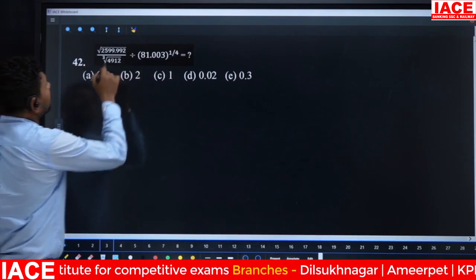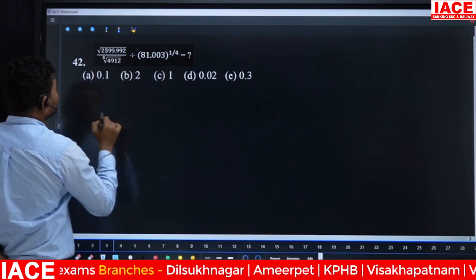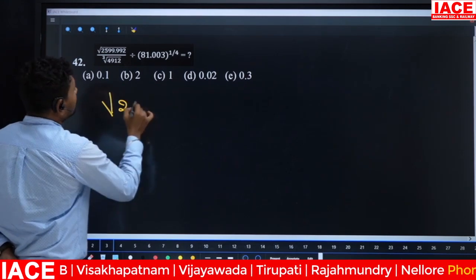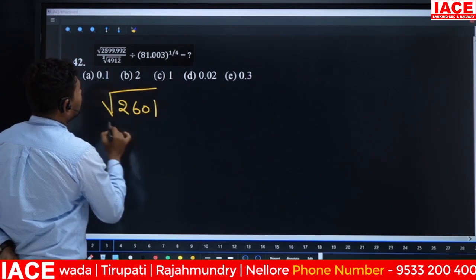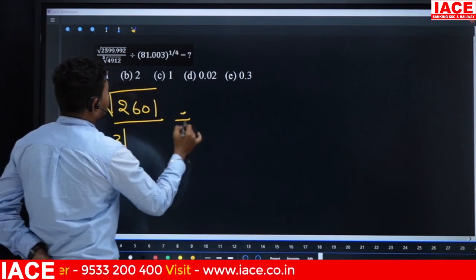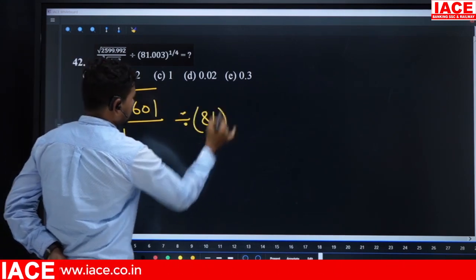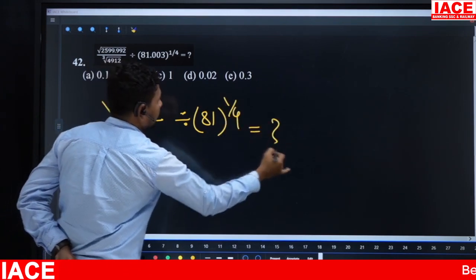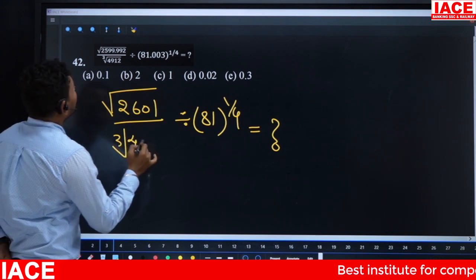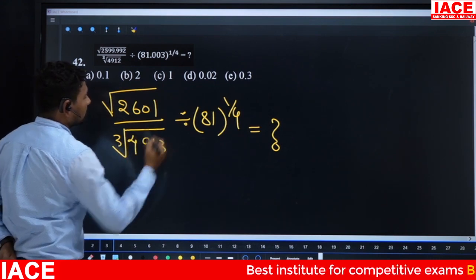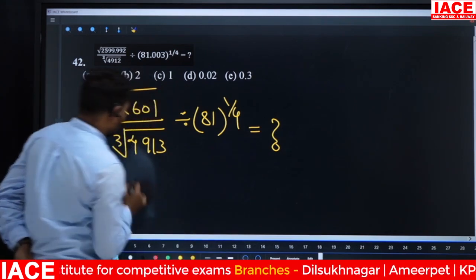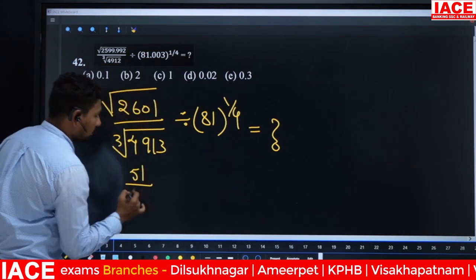Here root of 599.999 is given, so we could write root of 2601, divided by third root of 4912 is given, so I'm writing 4913. Look, root of 2601 value is 51 and third root of 4913 is 17.